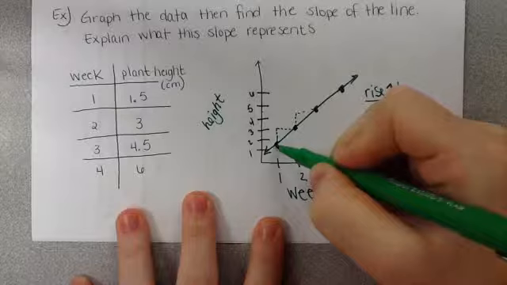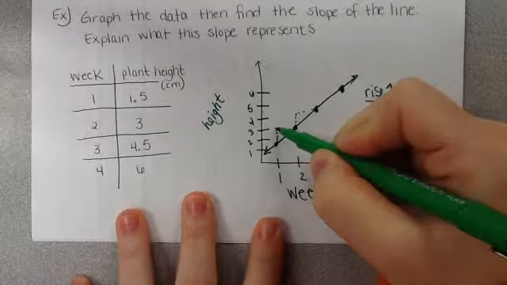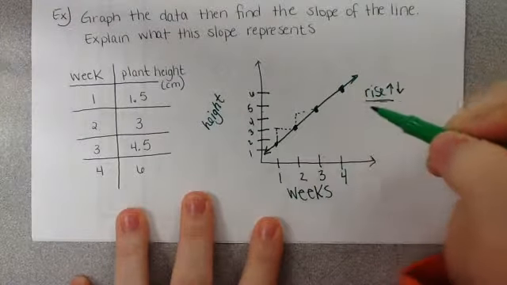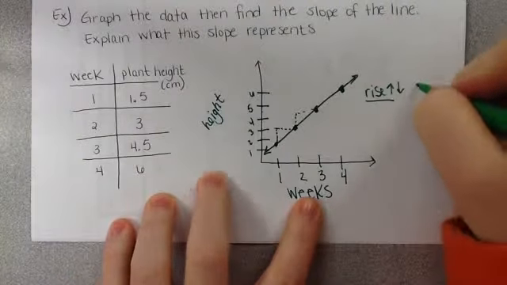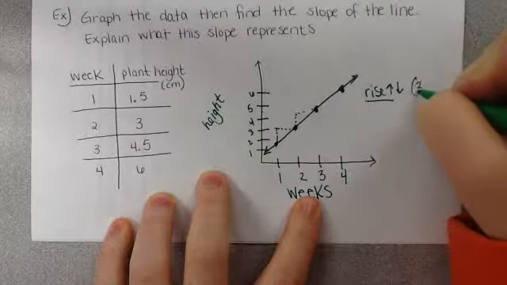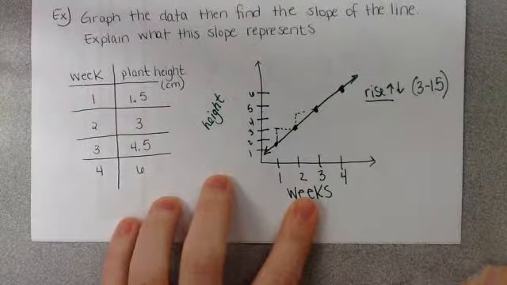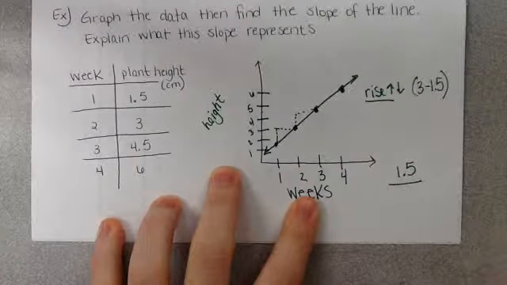Well, I'm going from 1.5 up to 3. If I go from 1.5 up to 3, how far up am I going? Well, if you're not sure, subtract those. 3 minus 1.5 is 1.5. Put it down here.